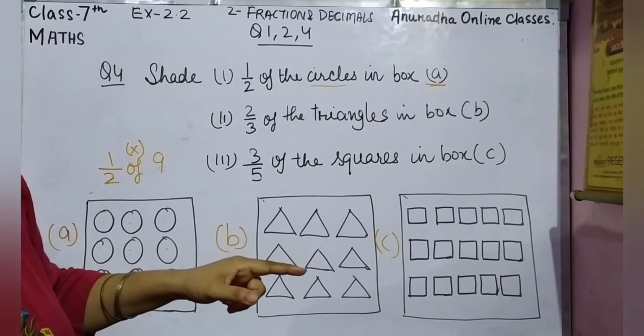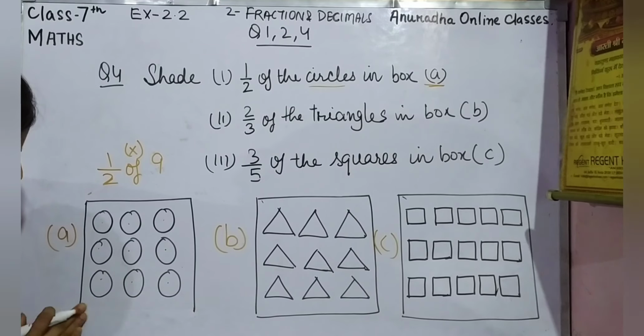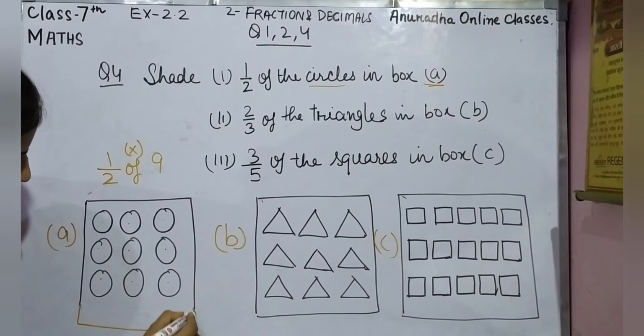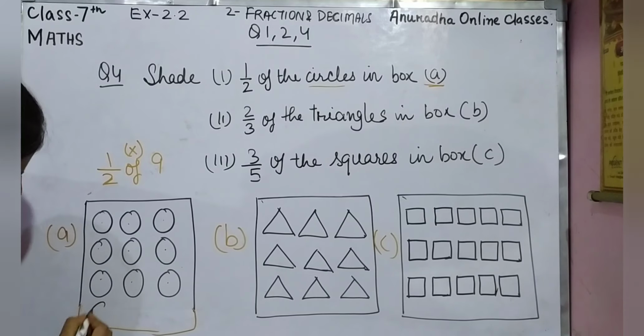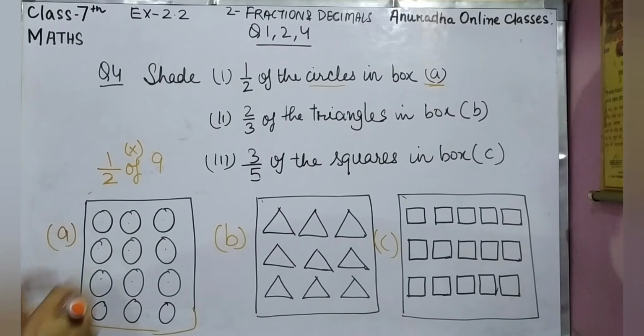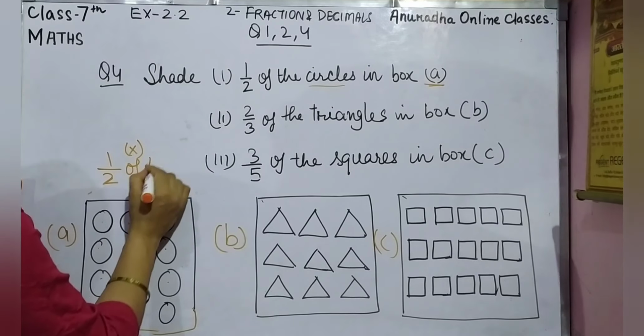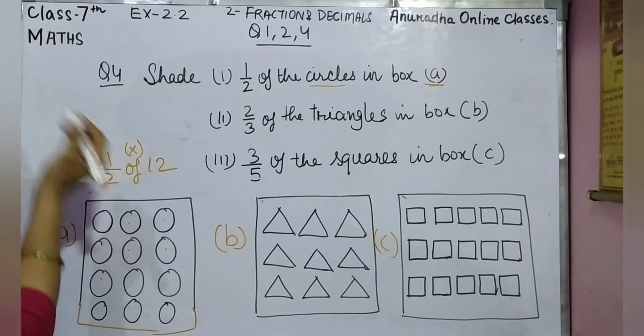It is 9 only, na? 4 3s are 12. No, it is 12. Wait. It is what? 12. 3 more circles should be there. 1, 2, 3. Okay, now let's see. This is what? 12. 1, 2, 3, 4, 5, 6, 7, 8, 9, 10, 11, 12. So this is 12.